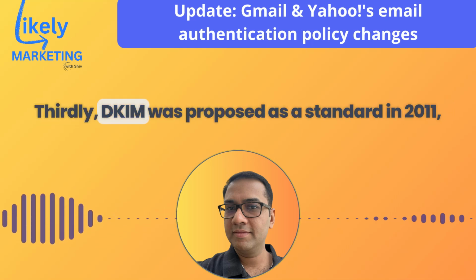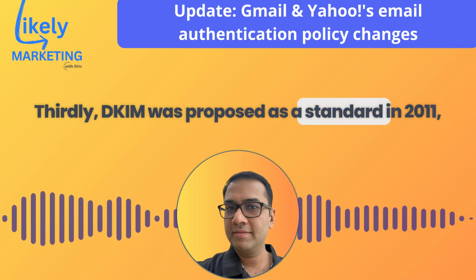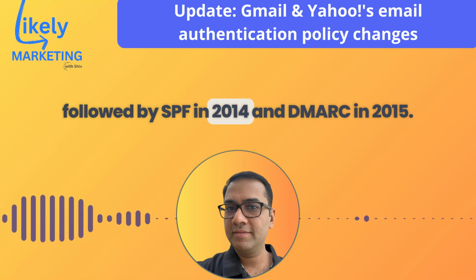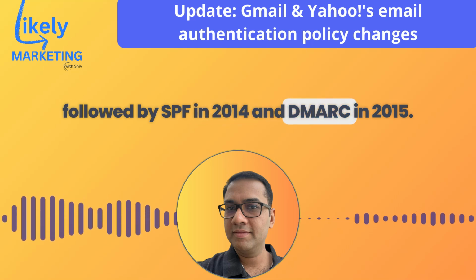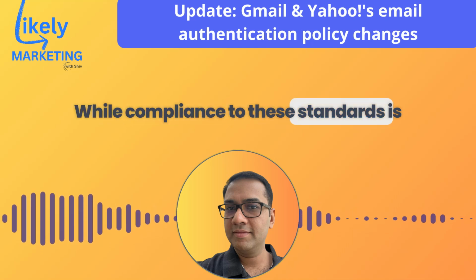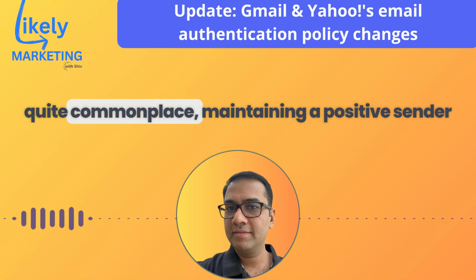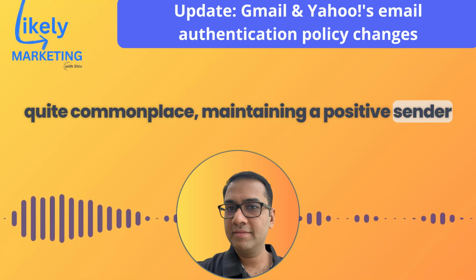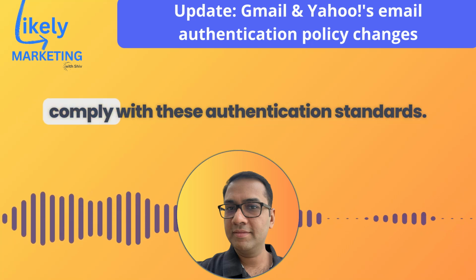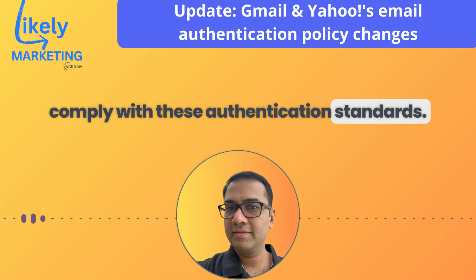Thirdly, DKIM was proposed as a standard in 2011, followed by SPF in 2014 and DMARC in 2015. While compliance to these standards is quite commonplace, maintaining a positive sender reputation requires that marketers and businesses comply with these authentication standards.